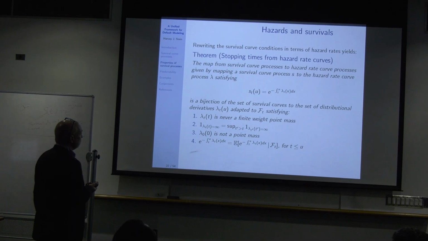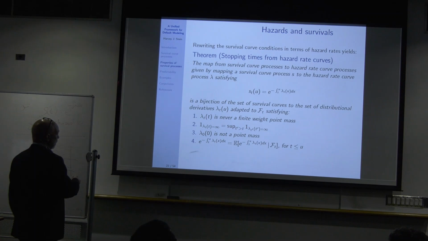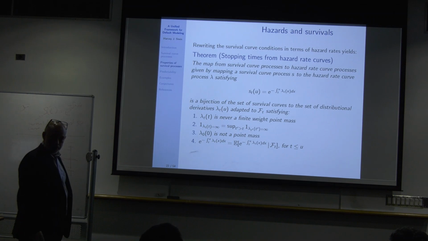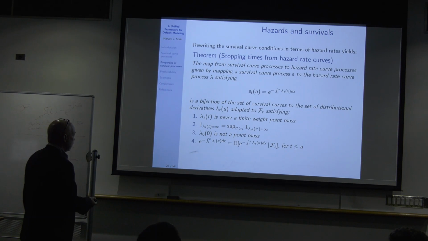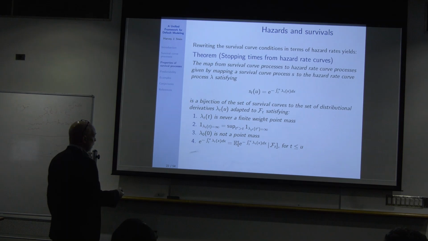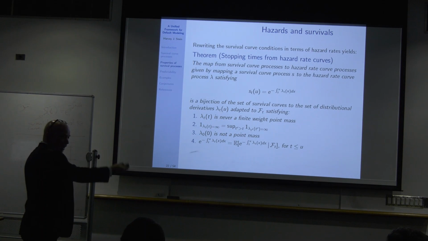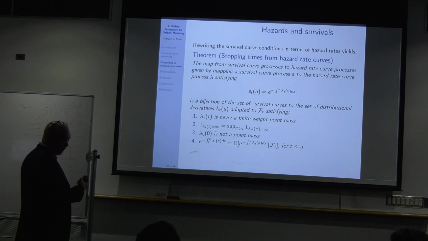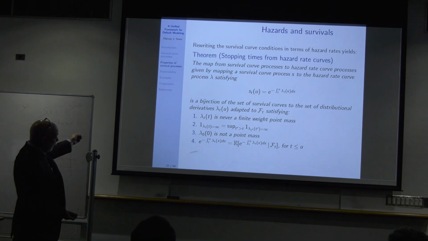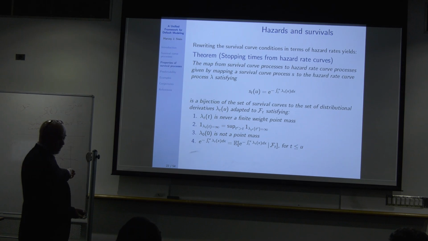Now similarly, you can do the same thing with the hazard rates. All you have to do is translate those conditions on the survival curves into what it means about the corresponding hazard rates. So for example, S_t(T) being 0 or 1 means that lambda_t(T) can never be a finite weight point mass. If it was a finite weight point mass, S_t(T) would be between 0 and 1. Either it's an infinite point mass, which makes S_t(T) 0, or it's a finite value in which S_t(T) is 1.